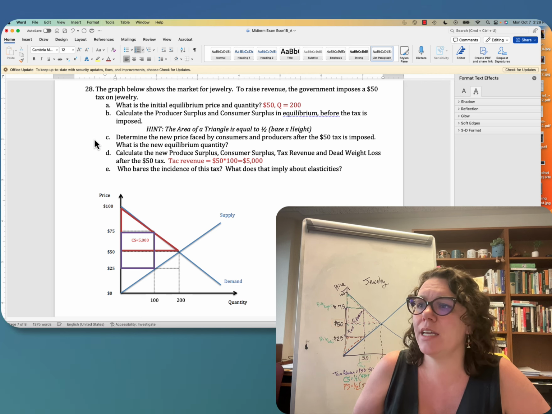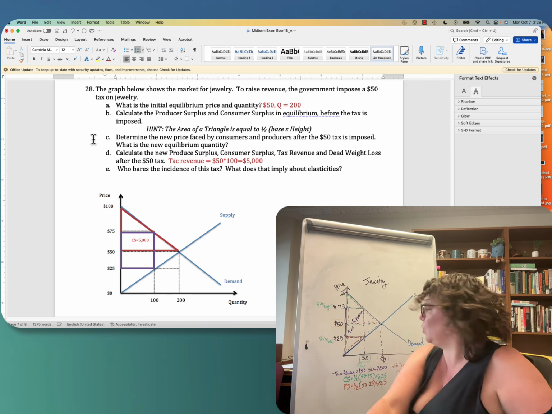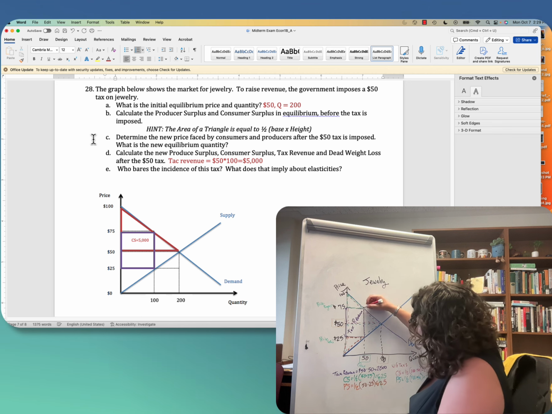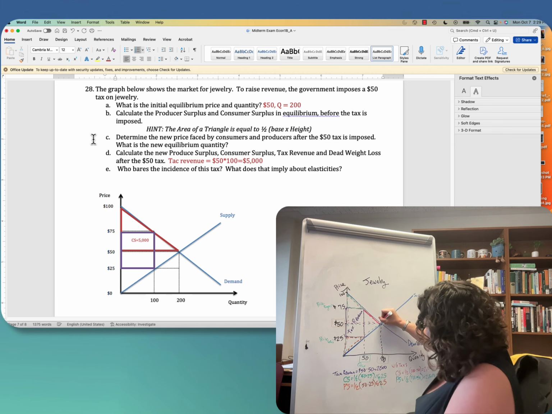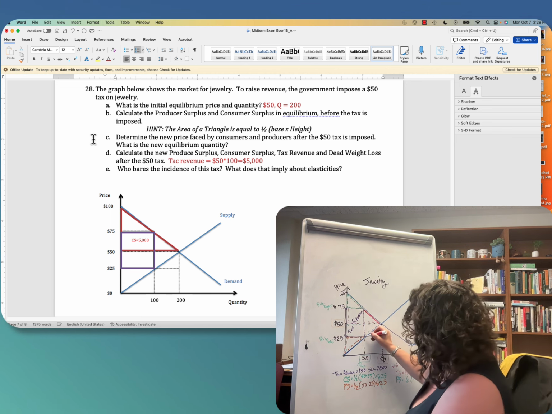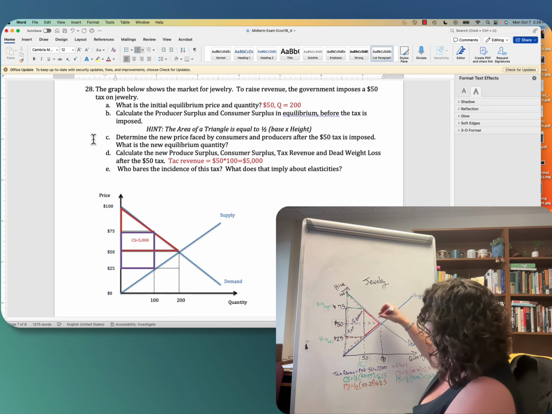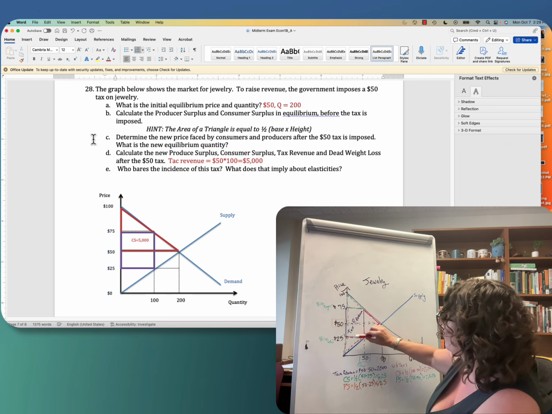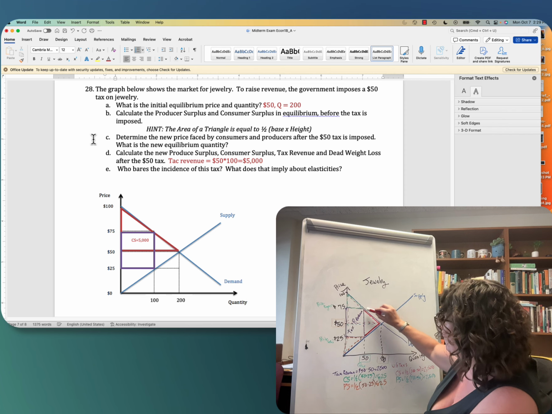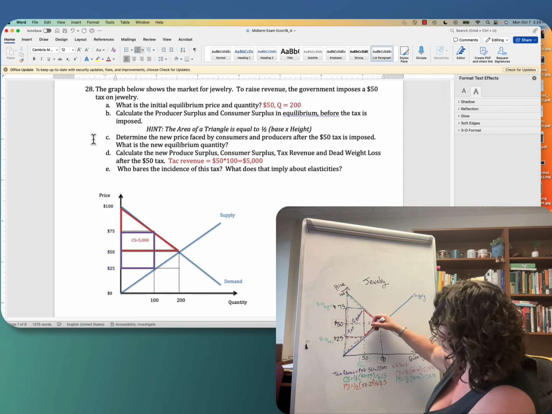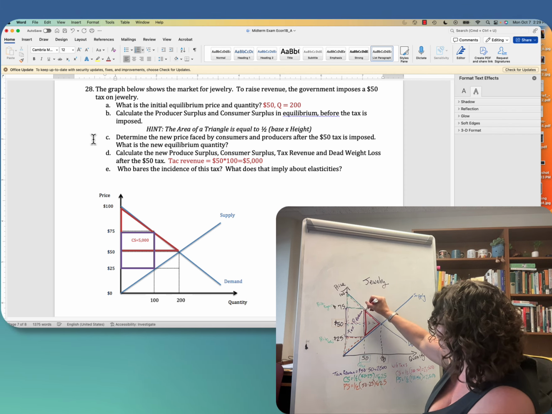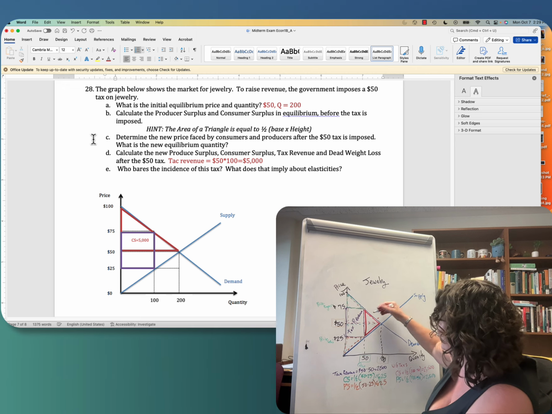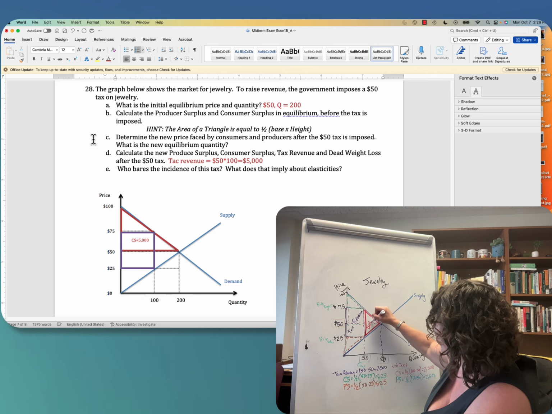And so this is going to be the people who would have bought jewelry but now can't afford it because it got more expensive, and the firms that would have sold jewelry, but when prices went from when they used to take home $50, now they only take home $25. These firms couldn't participate, or these consumers couldn't participate, and so the deadweight loss triangle is all this lost economic activity. That's our deadweight loss.